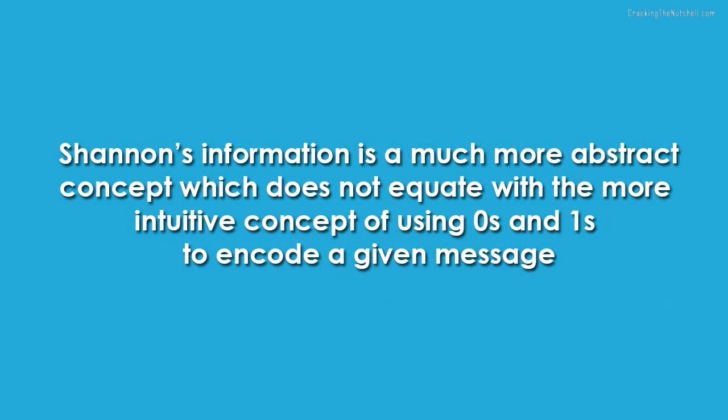In information theory, therefore, it is important to understand the distinction between encoded binary data and information. In this context, the word information is used in reference to Shannon's entropy, a much more abstract concept that does not equate with the actual encoding of zeros and ones.